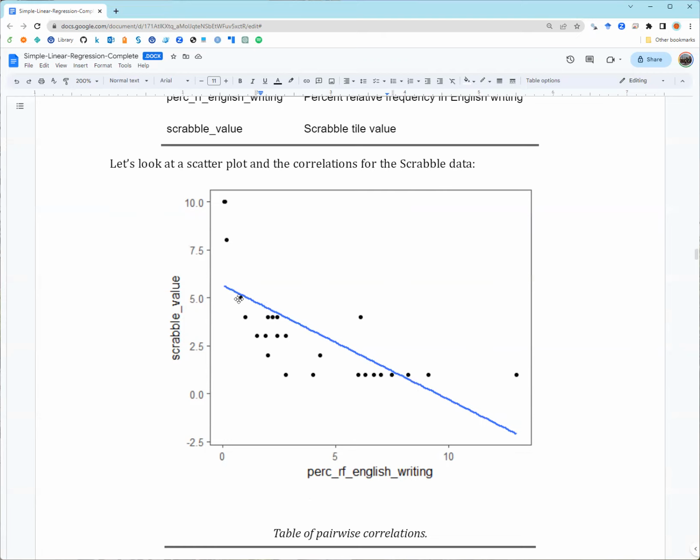Note that these are each two-dimensional data points, giving the percent relative frequency in English writing and the Scrabble tile point value. So each one of these points is a single letter. This letter, for example, is worth 10 points, and it looks like it occurs very rarely in English writing.